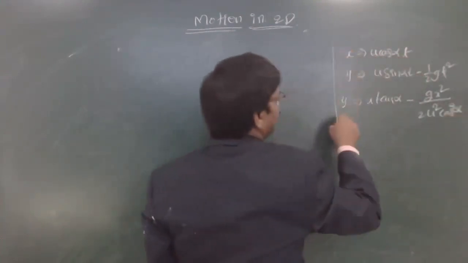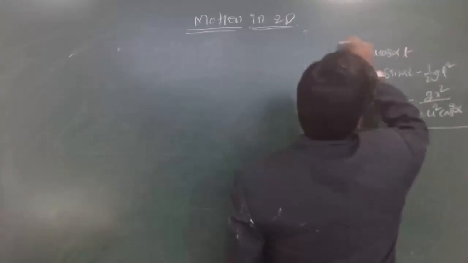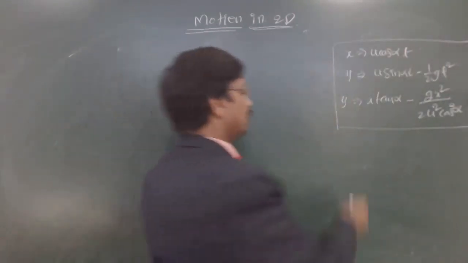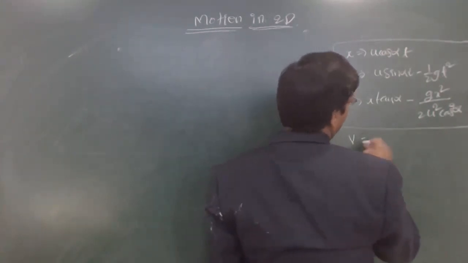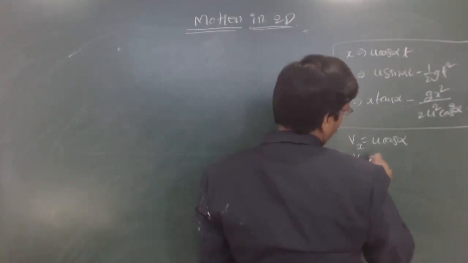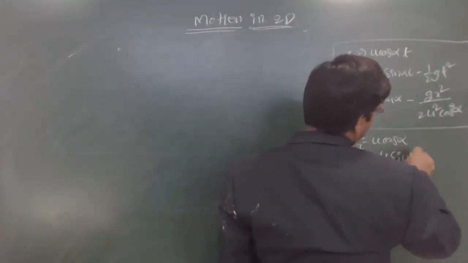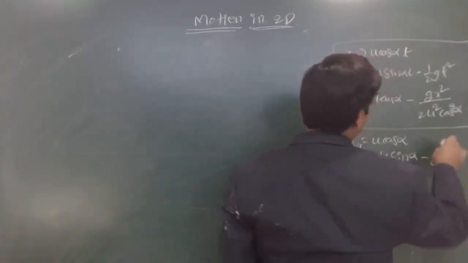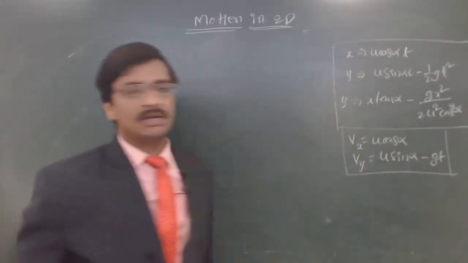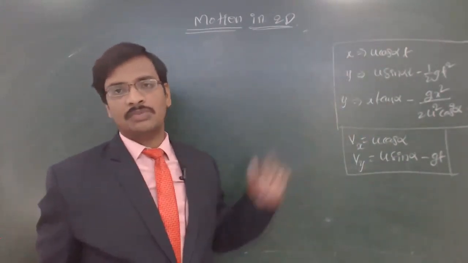So these are the fundamental relations in case of projectile. Got it? So at any instant the velocity can be treated as vx is equal to u cos alpha and vy is equal to u sin alpha minus gt. So this is the velocity relation. So we have got the complete kinematical behavior in case of a projectile motion.